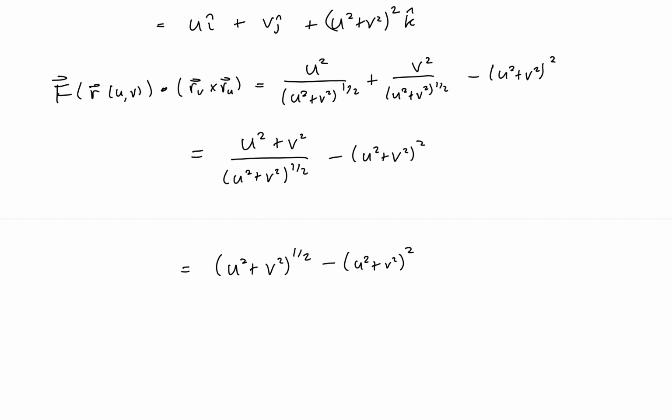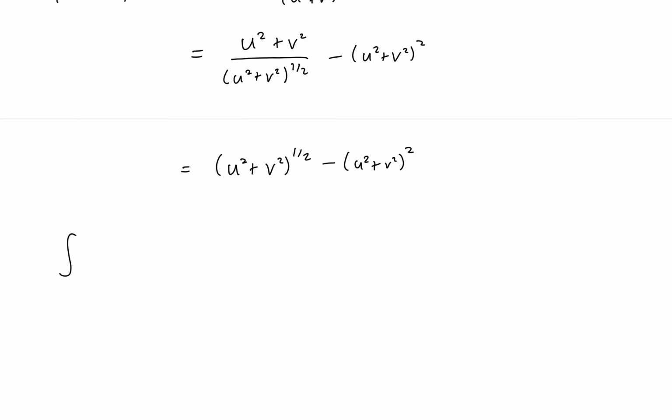So now we have everything we need to set up our integral. And so my flux then is the integral over S of F dot dS. And this is the integral over R of (u squared plus v squared) to the 1/2 minus (u squared plus v squared) squared dA. And now this should be pretty clear.